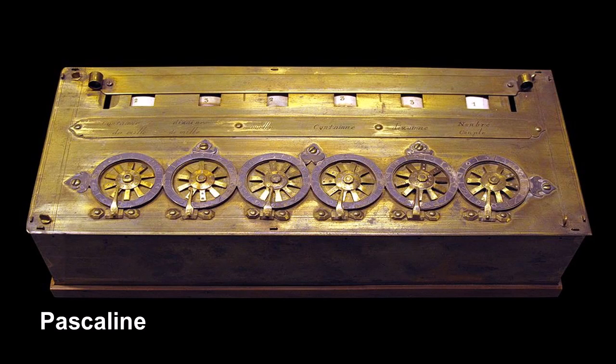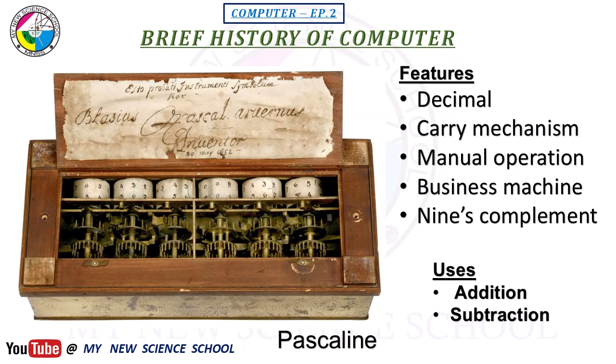This Pascaline machine, if you look closely, here is a number, here is another number or a point where you can see numbers. This machine has features like decimal, and also a carry mechanism.